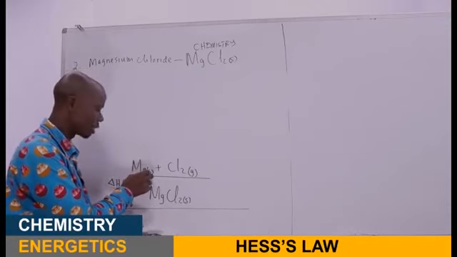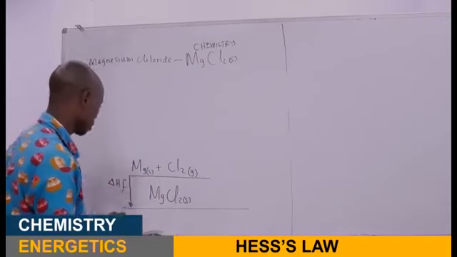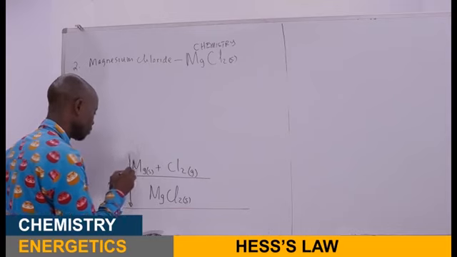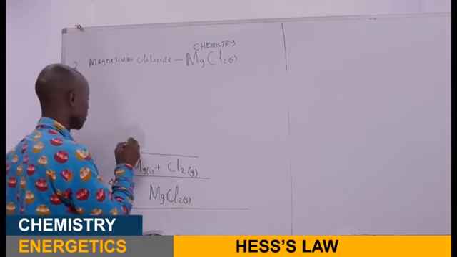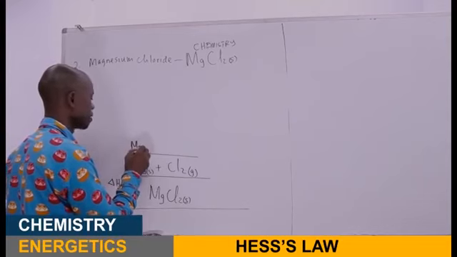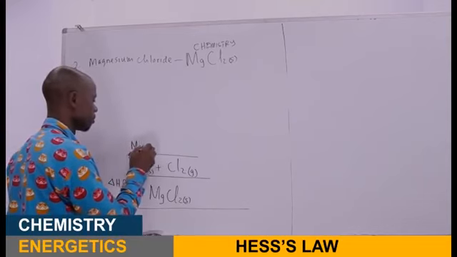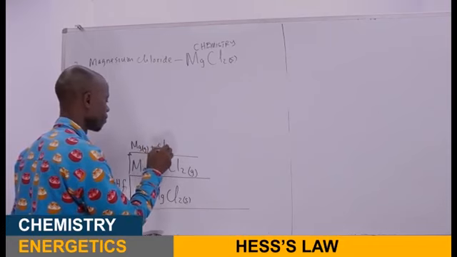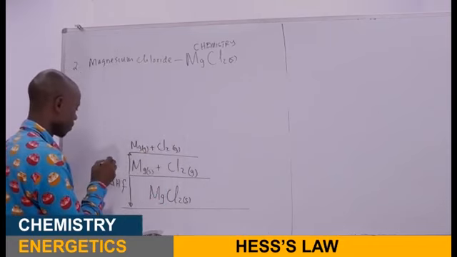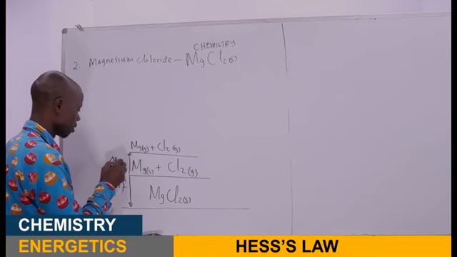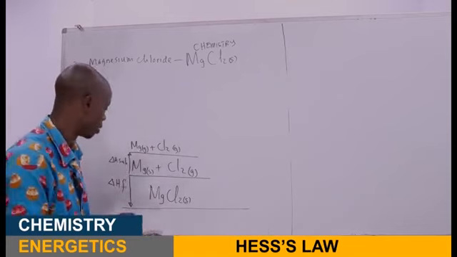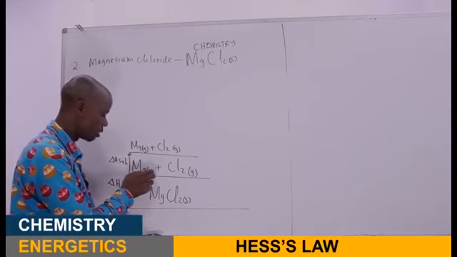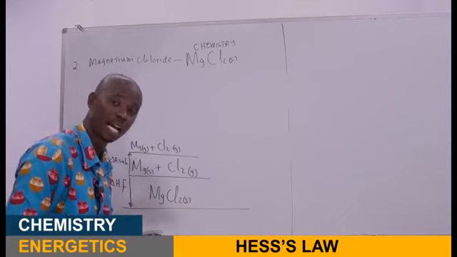The conversion of solid into gas is sublimation. We start with magnesium. This is the enthalpy of sublimation of magnesium, the conversion of solid magnesium into gaseous magnesium atoms.